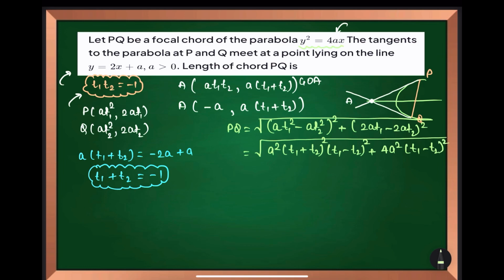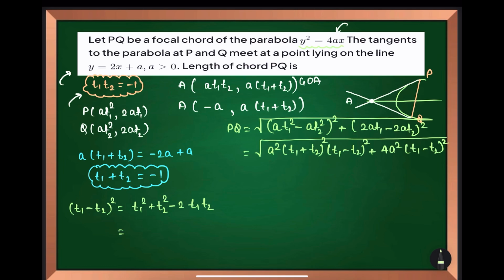Now look at this. You know t1 plus t2, but you need t1 minus t2 whole squared. So can I go with t1 minus t2 whole squared as t1 squared plus t2 squared minus 2 t1 t2?